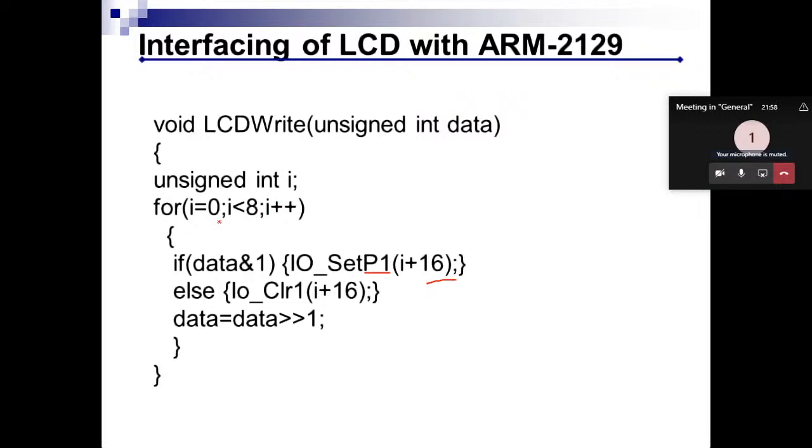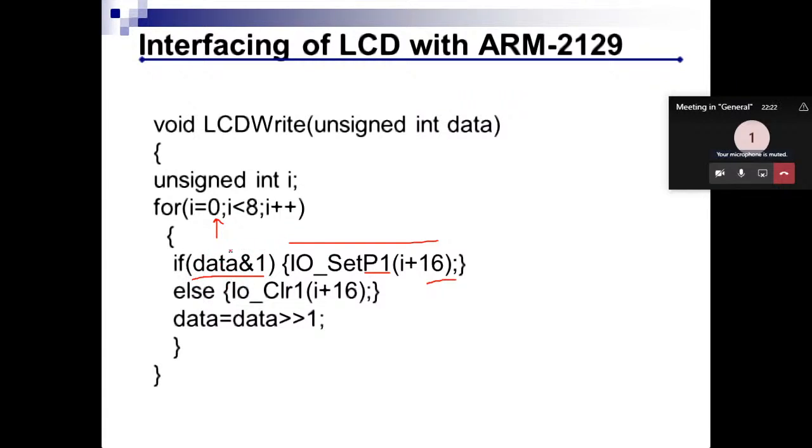So in a for loop I am starting with 0. Initially the value of i is 0, and to that I am adding 16. So initially I am setting pin P1.16. I will set that pin only if the data corresponding to that pin is high, so I am doing data AND 1.